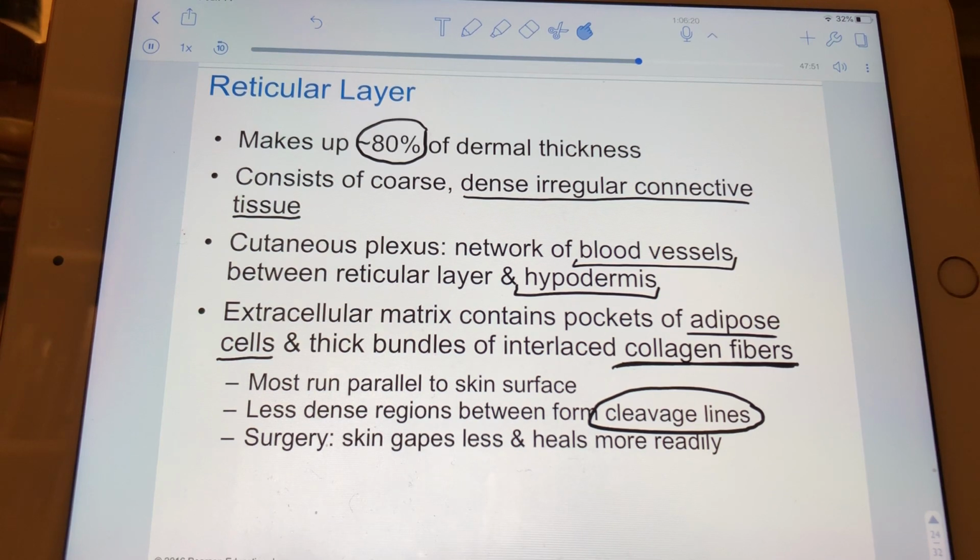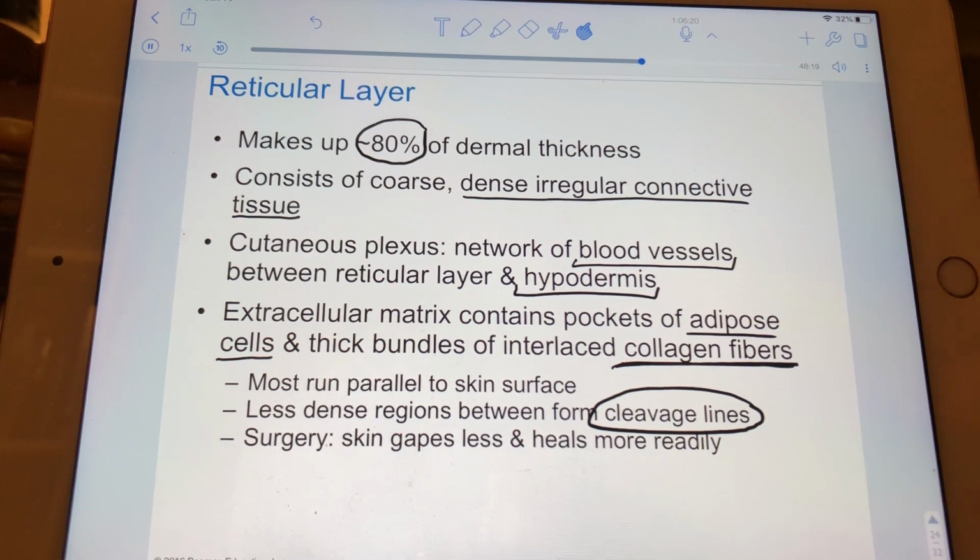We have mapped all those more sparsely grouped areas. And surgeons use these predictable regions, these cleavage lines, when making decisions about where to cut, because those regions are going to heal more readily, and certainly yield more readily.